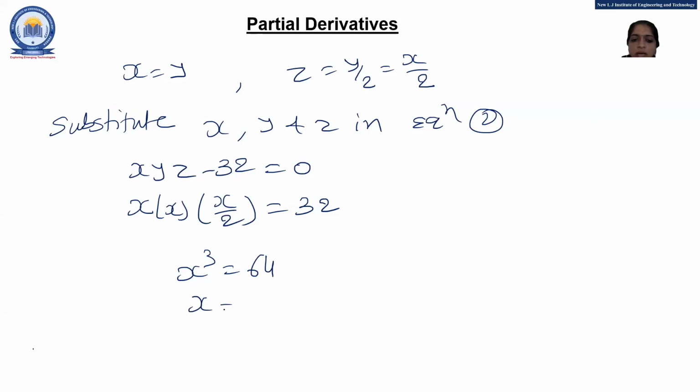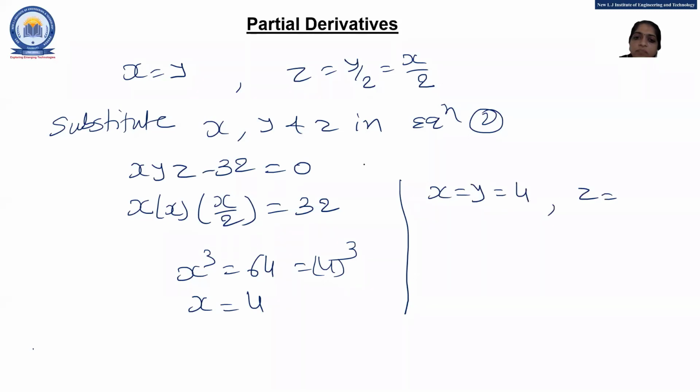So x is 4, right? So as x and y both are same, so x and y is equal to 4 and z is x by 2, x is 4, so this is 2.